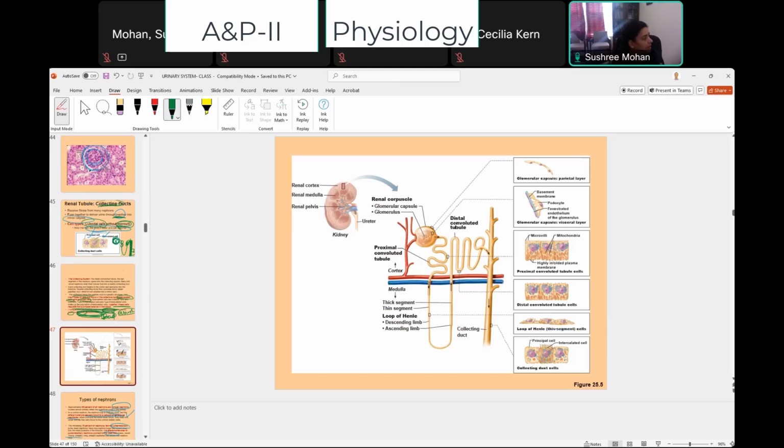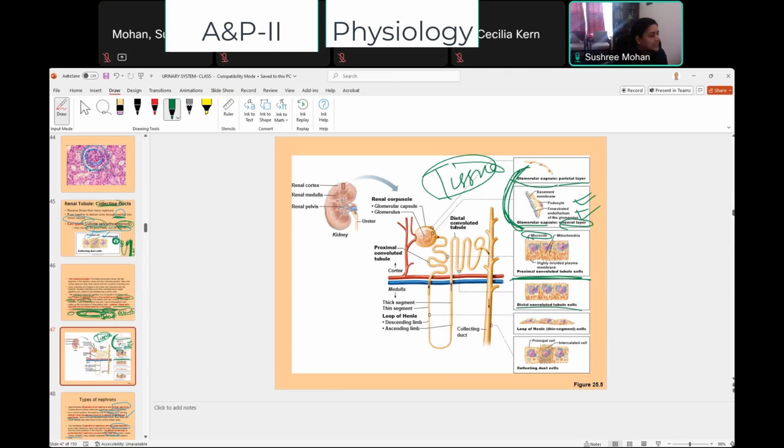Over here, this is the histology part, or the tissue. Which part has which tissue? The capsule, that is the parietal layer. The capsule has a visceral layer. Remember the podocytes I talked about, the fenestration, you will find that. So this is the capsule of the nephron. Then the PCT, it has microvilli because it's going to do a lot of reabsorption.